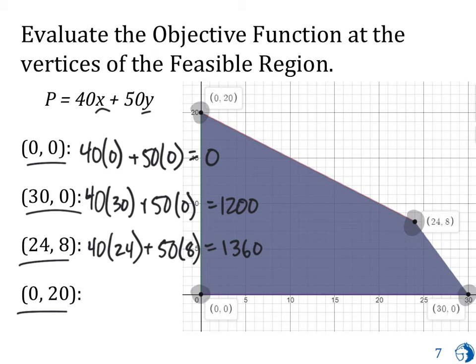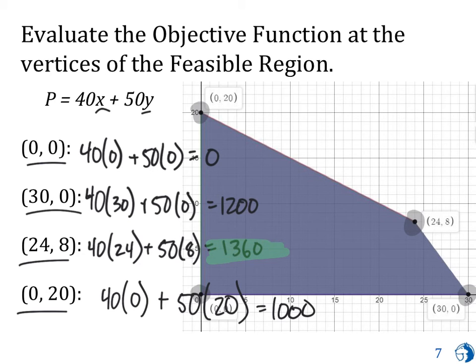And then the last one is 40 times 0 plus 50 times 20, which is 1000. And so clearly we can see our maximum value is 1360.